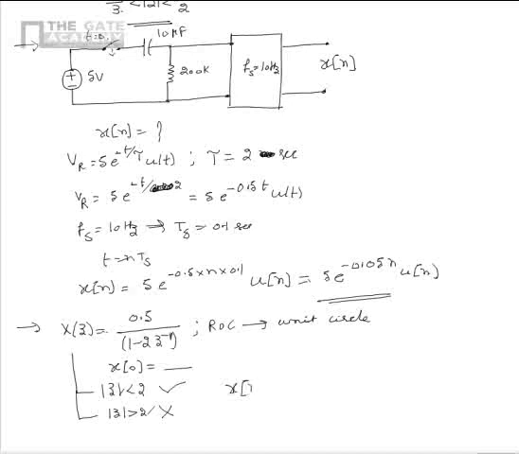From this, we can write that x of n is equal to minus 0.5 multiplied by 2 power n u of minus n minus 1. From this, we can write that x of 0 would be equal to 0. So, for the given x of z, if the ROC includes the unit circle, x of 0 is equal to 0.